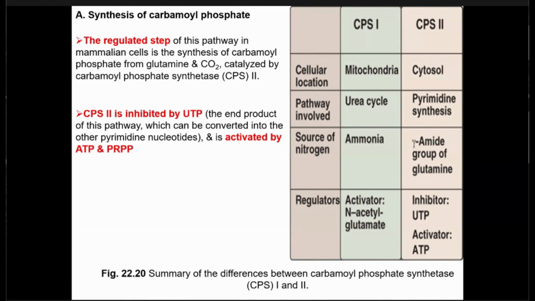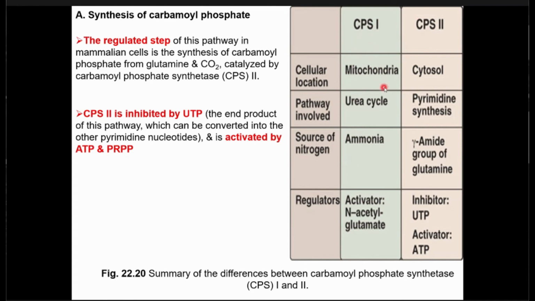This enzyme is called carbamoyl phosphate synthetase. You have already seen in your previous lectures one enzyme called carbamoyl phosphate synthetase, found in the mitochondria, when you looked at the urea cycle. However, the one we are looking at today is number 2, not number 1. So I might ask you where you find carbamoyl phosphate synthetase 1 or 2, or I will tell you the source of nitrogen and ask which one it is.